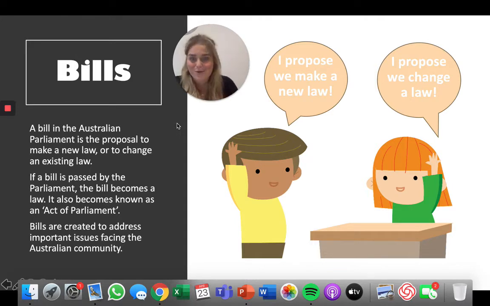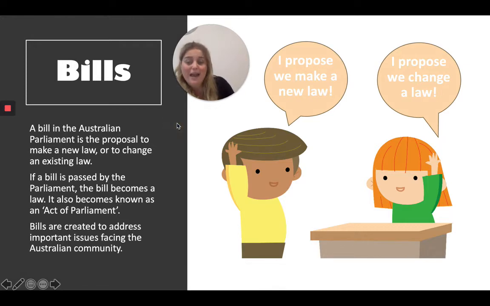It's called bills. A bill in the Australian Parliament is what is needed to create a new law or to change a law. So a bill in the Australian Parliament is the proposal to make a new law or to change an existing law. Before changes happen or before a new law is created, it's called a bill.